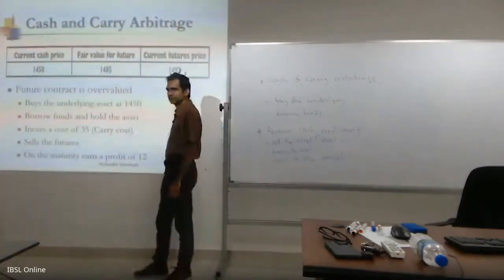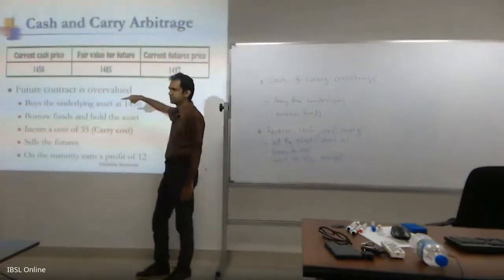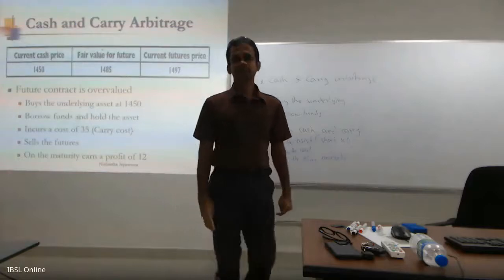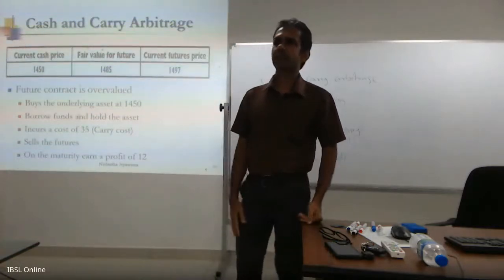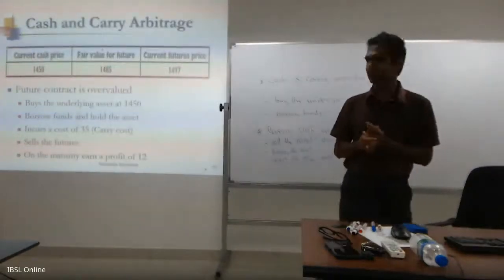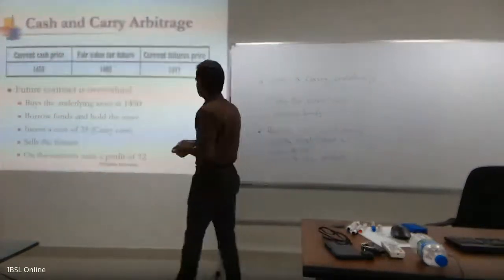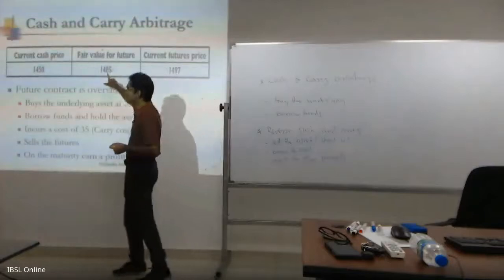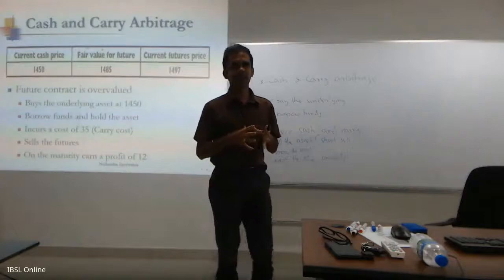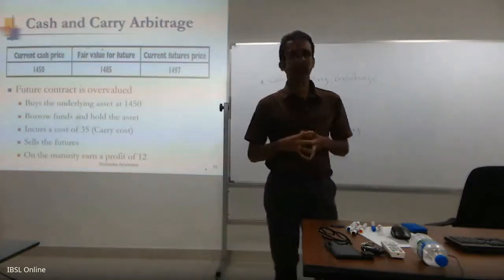Sell the futures, buy the asset, borrow funds. Cash and carry. So what's the profit? Arbitrage profit is the difference between 1,497 and 1,485. The difference is $12, or 12.